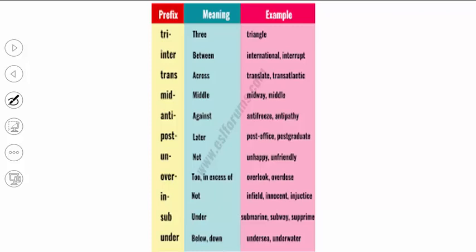If you don't know the meanings of these words, you can refer to your dictionaries or discuss with your teachers. It's very simple. You can take your dictionary and go through these words. In the dictionary, you can find the meaning.